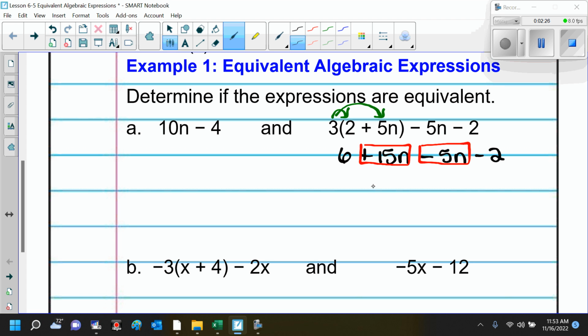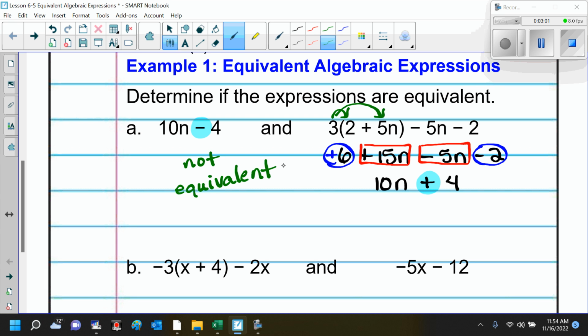Positive 10n. So far, so good. Then I've got a positive 6 over here and a negative 2 over there. What does that give me? Positive 4. So are these equivalent expressions? No, they are not, because look, this says minus, this one says plus. So these are not equivalent. So your answer is not equivalent.